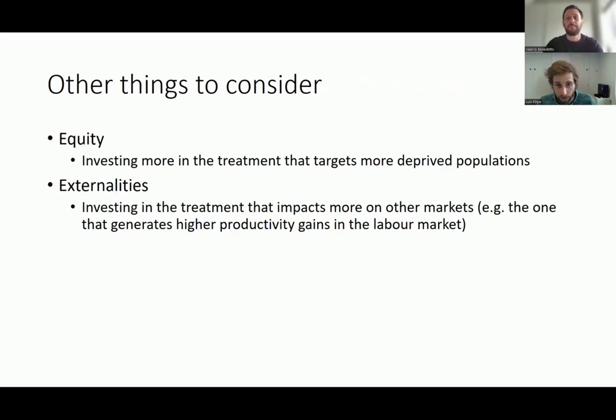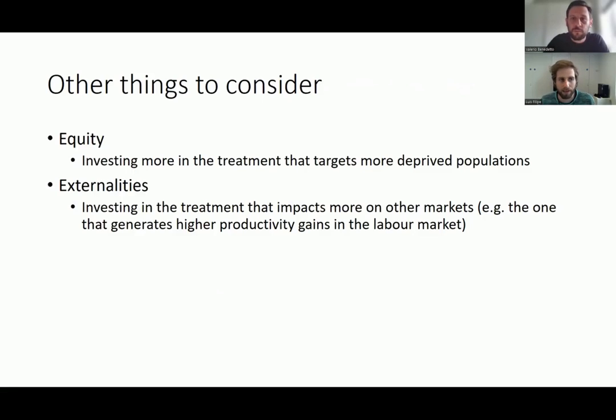So now, just to finish, there are other things to consider, and I wanted to put this slide because so far we were talking only about efficiency, and some people think economists are just all about mathematics, but that's not the case. Those are the things that are easier to model and put on a blackboard, but there are other things that are much harder to put on the blackboard, but they are as important or even much more important than the ones that you can model.